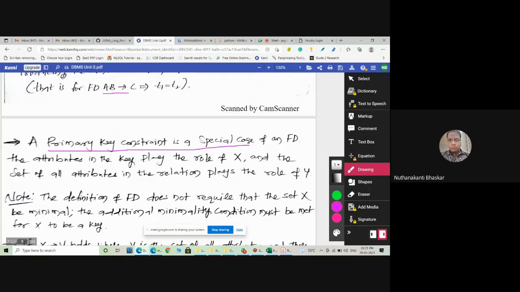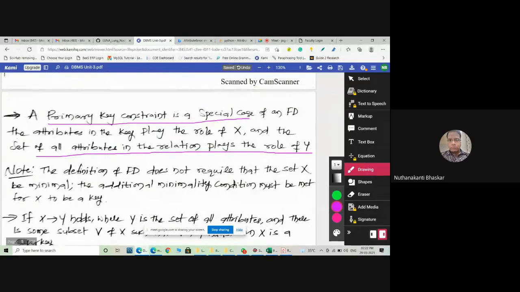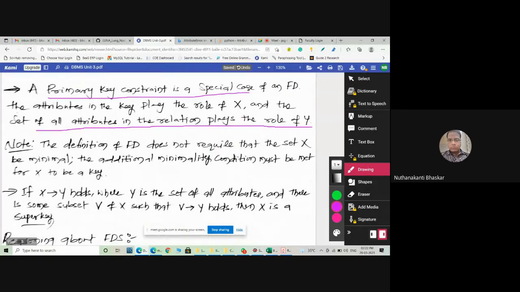That is why a primary key constraint in your table is a special case of a functional dependency. All attributes in the relation are going to depend on the particular primary key. So note it down: the definition of functional dependency does not require that the set X be minimal.